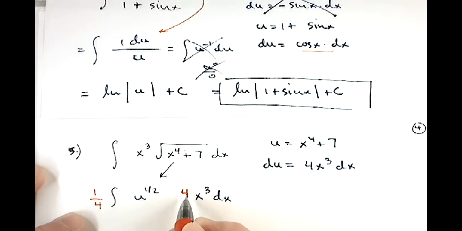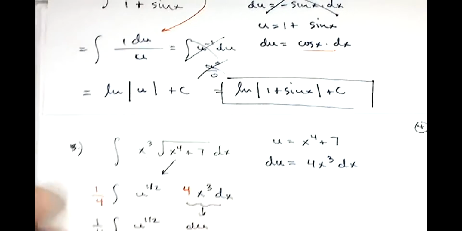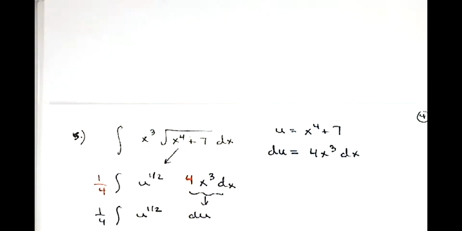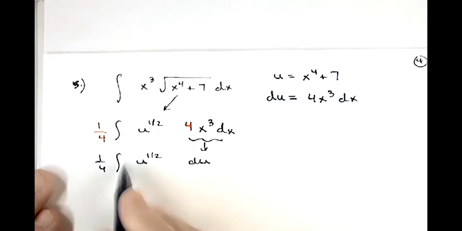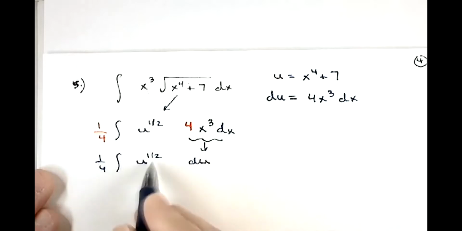The 1/4 can stay there. This is now a perfect match, so I can just call it du. I've now converted it to u's and du's, and so I can proceed with the integral.